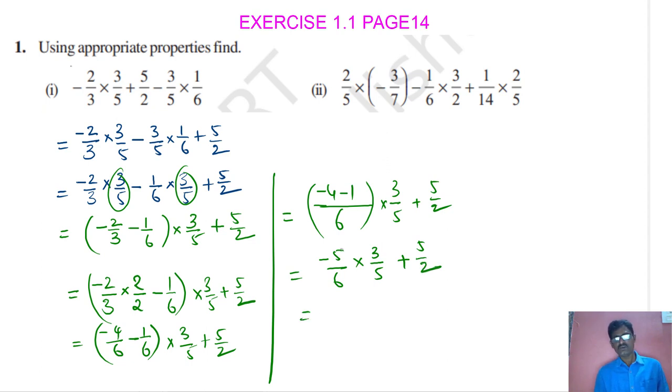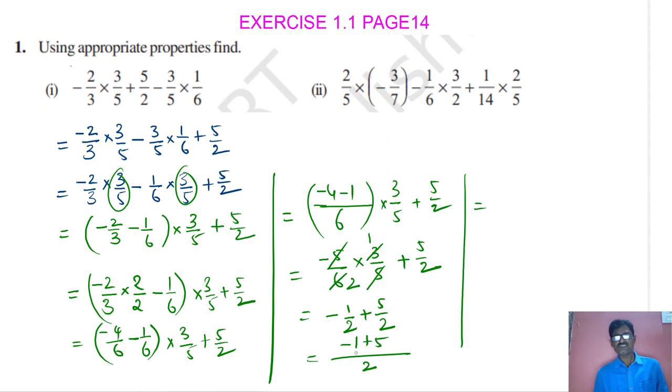This is equal to, we can cross out 5 and 5 and 3 times 1 and this is 3 times 2. So this is equal to minus 1 by 2 plus 5 by 2. This is equal to, take 2 as the common denominator, that is LCM. So in the numerator we will get minus 1 plus 5. So this is equal to minus 1 plus 5 means 4 by 2, which is equal to 2. So this is the answer.